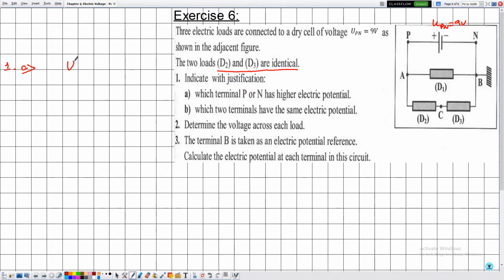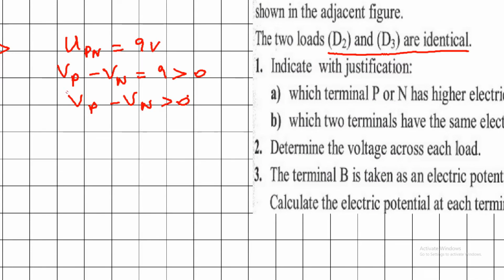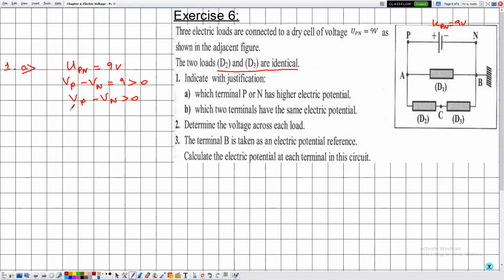So we can say that UPN is given to be 9 volts, and we know that UPN is given by Vp minus Vn. So in this case it's equal to 9, which is a positive number. So Vp minus Vn is positive. Dragging Vn to the right hand side, it will gain another minus sign to be positive. So Vp is greater than Vn.